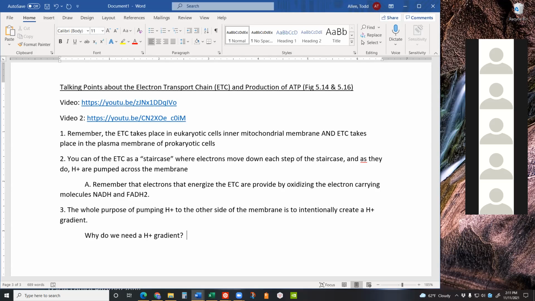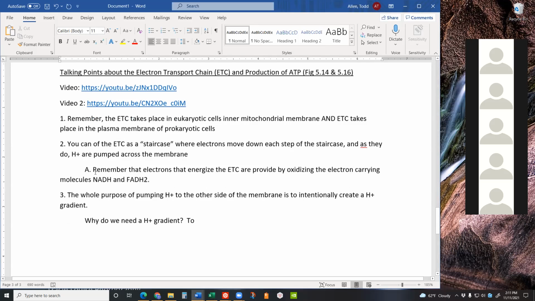We've got to produce a hydrogen ion gradient so there's water at the top of our cliff. We're pushing the hydrogen ions to the top of our cliff, like water at the top of a cliff. And then we let the hydrogen ions flow down the cliff, back through the membrane, so we can actually make electricity. We can make ATP.